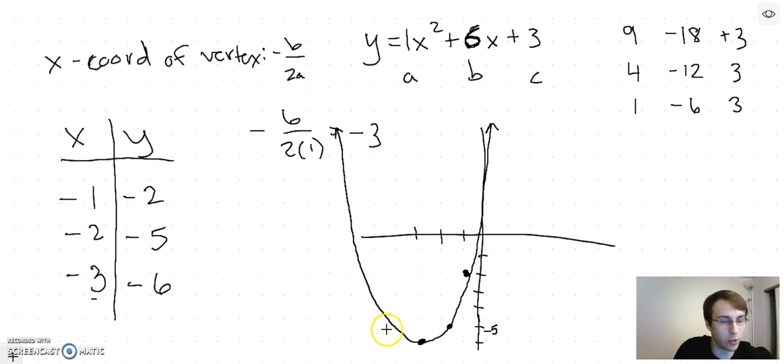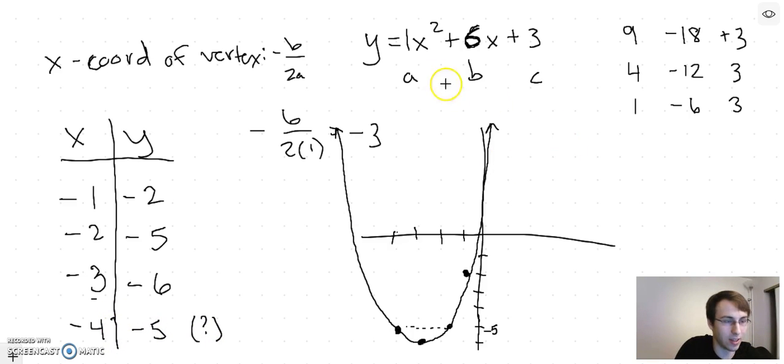Just to prove to you that this is actually the vertex, when we go to negative 4, it should go back up to this spot right here. So negative 4 should come out to negative 5. I'll put a question mark there because we haven't checked it yet.